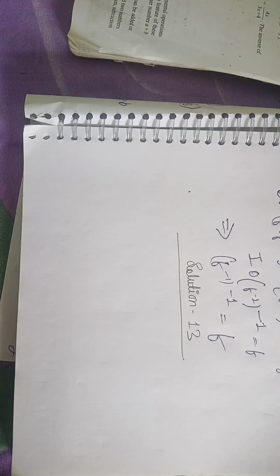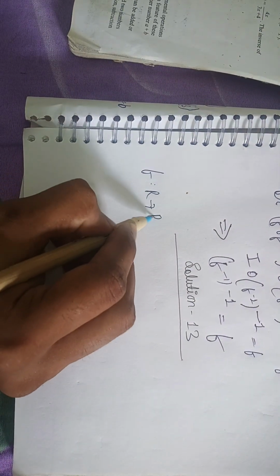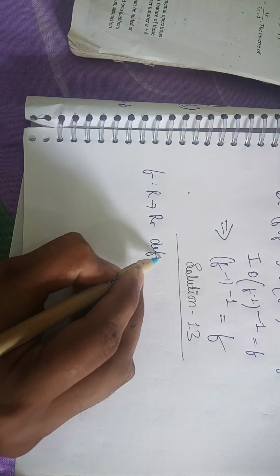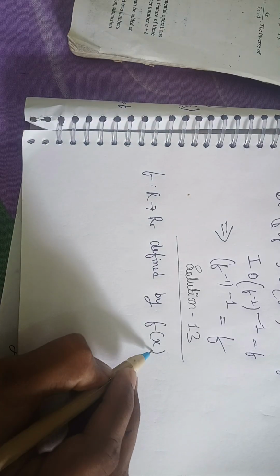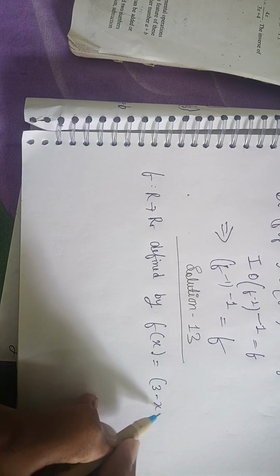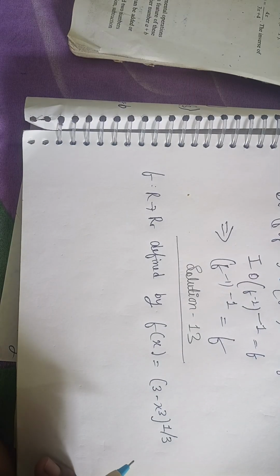Question number 13: if f from R to R is defined by f(x) = (3 - x cube) whole power 1 upon 3.